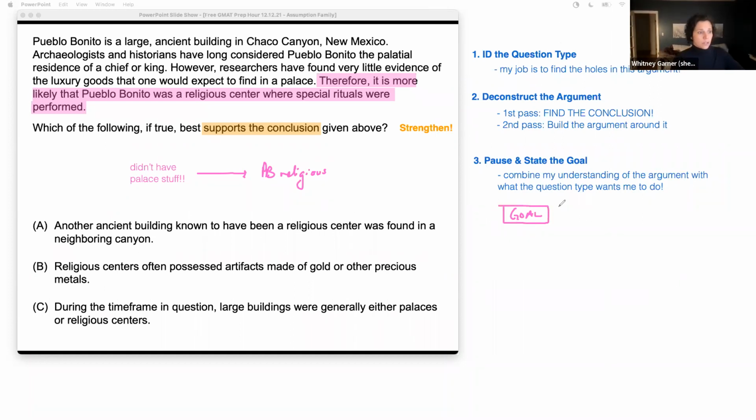I want to show that yes, PB is likely to be religious, and whatever little notation I want to use in my really terrible handwriting right now. Yeah, PB is likely to be religious. That's my goal. I'm looking for an answer that supports that. This becomes even more important when we deal with weaken, because often with weaken we need to translate.